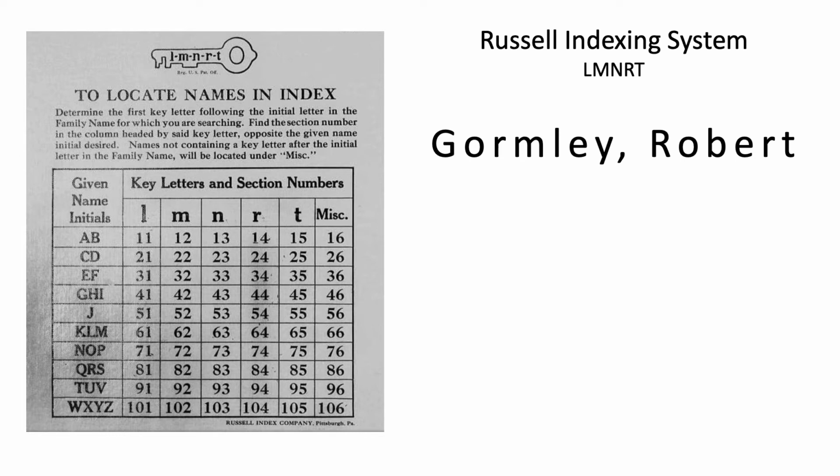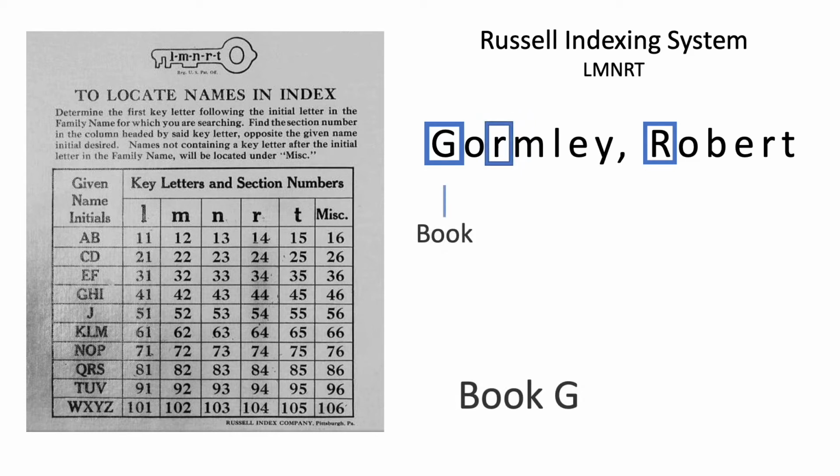This indexing system relies on 3 letters from a person's name: the first letter of the surname, the first letter of the given name, and the first key consonant in the surname that falls after the first letter. Key consonants L, M, N, R, and T are listed inside the key. The first of these key consonants in Gormley is R. The first letter of the surname indicates the index book.